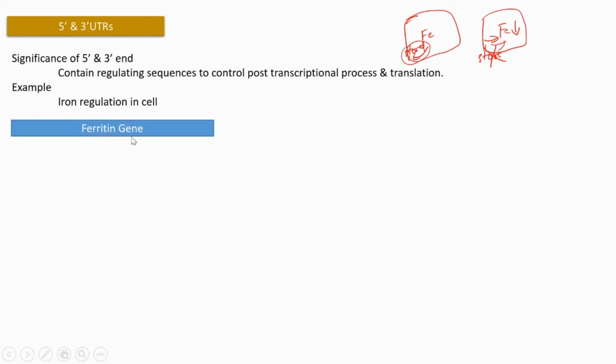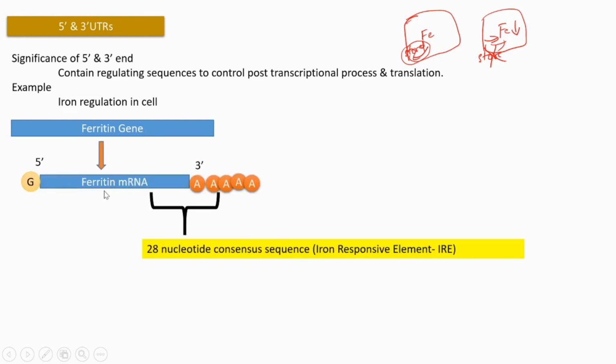So this is the ferritin gene. The ferritin gene is concerned with the synthesis of a protein that helps in the storing of iron in the body. Okay, that I am showing. This is a ferritin mRNA, and this ferritin mRNA contains a 28 nucleotide constant sequence.